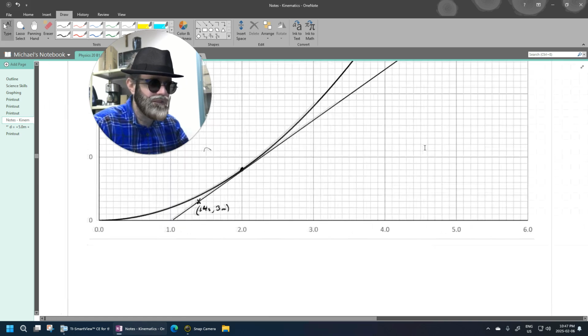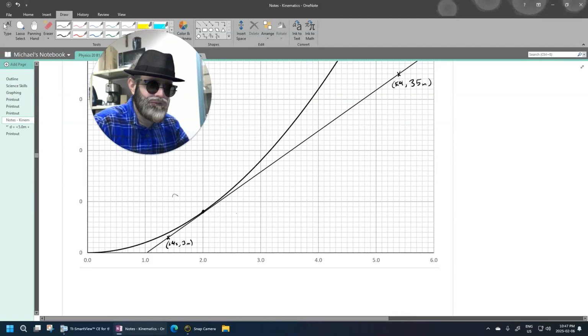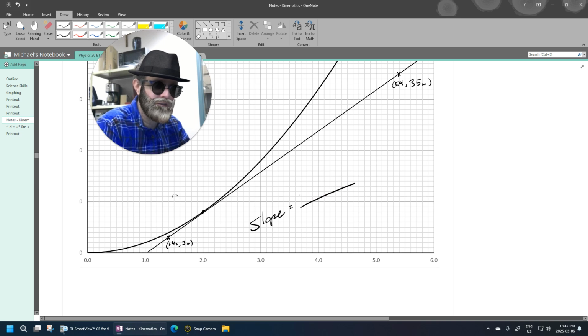Okay, so once I have my dots picked, I'm going to find my slope. My rise is 35 meters minus my 3 meters. My run is 5.4 seconds minus my 1.4 seconds.